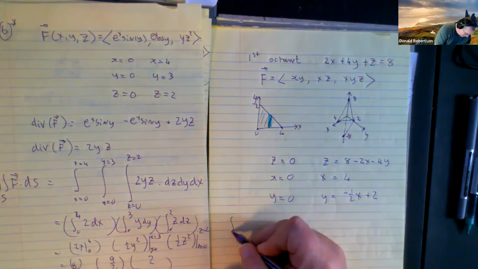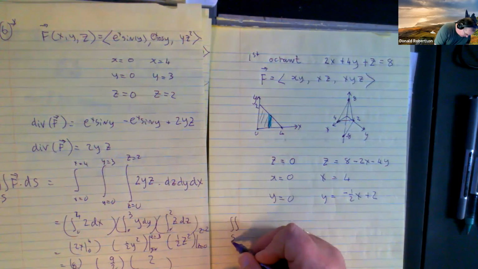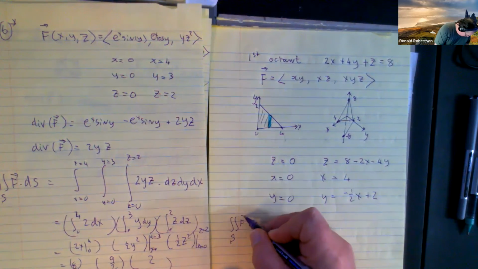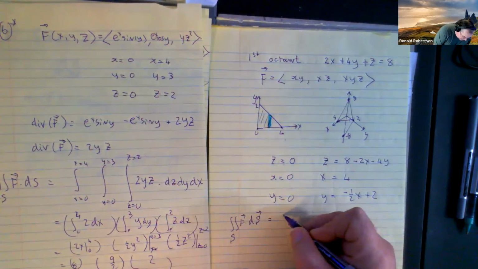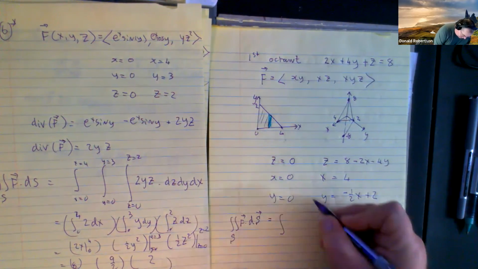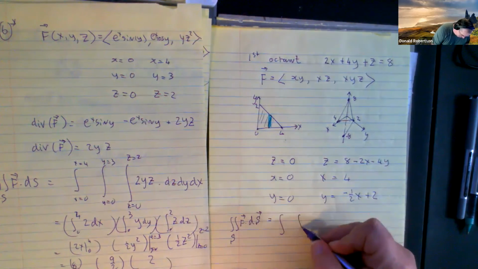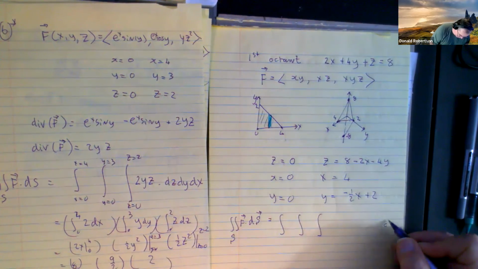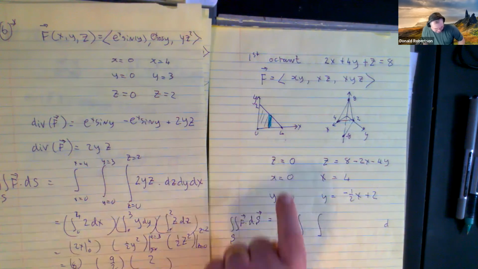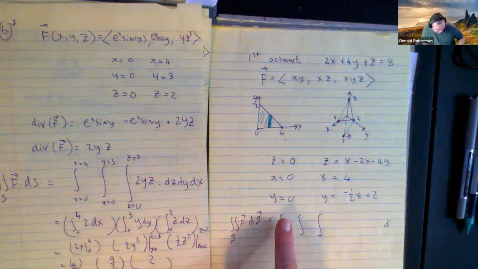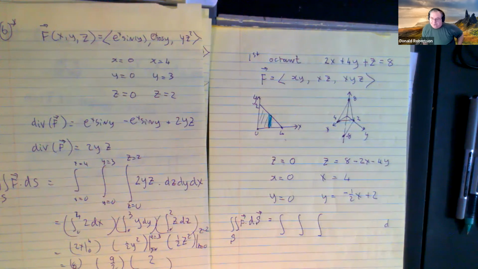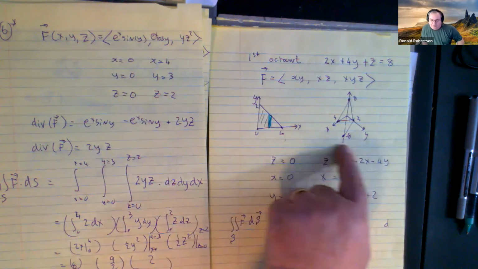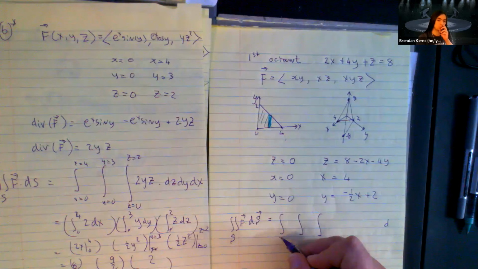So our fella, our surface integral, is going to be equal to x go, well, you tell me. Based on these limits of integration, which terms should go on the last integral? Here are our limits of integration. X 0 to 4.